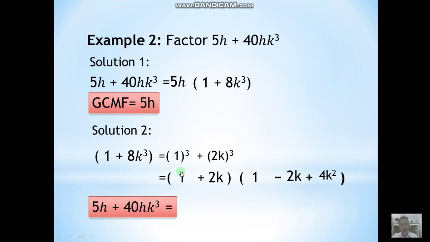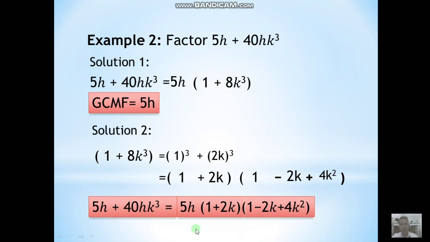Putting all the factors together for 5h plus 40hk cubed, that is 5h, the GCMF, and the binomial factor quantity 1 plus 2k, and the trinomial factor quantity 1 minus 2k plus 4k squared. So again, this is now the complete factored form of 5h plus 40hk cubed.